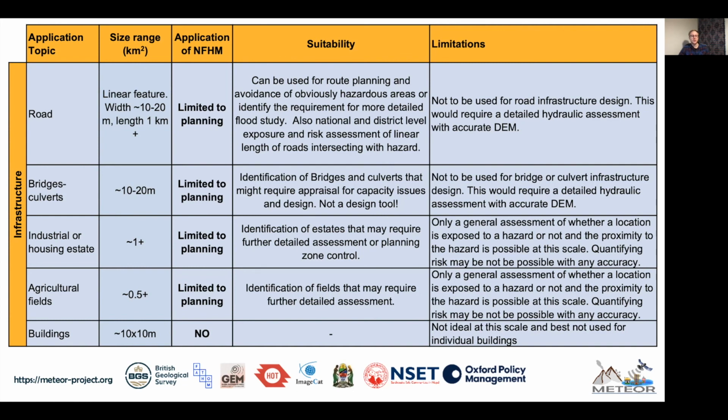So therefore, there is a general picture that the data can be used to infer areas and regions, towns and settlements that may be at greater risk of hazard and require more detailed local information, but it can't be used to make detailed design or engineering decisions at the individual building level.